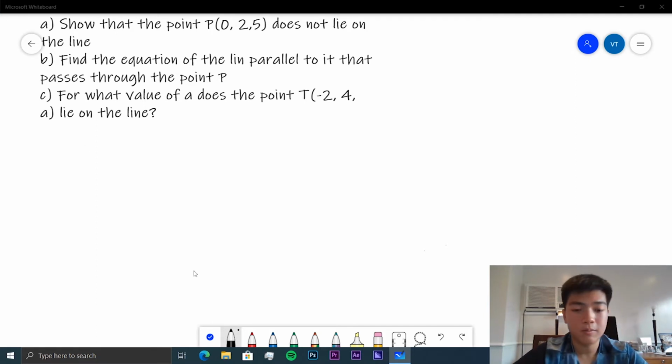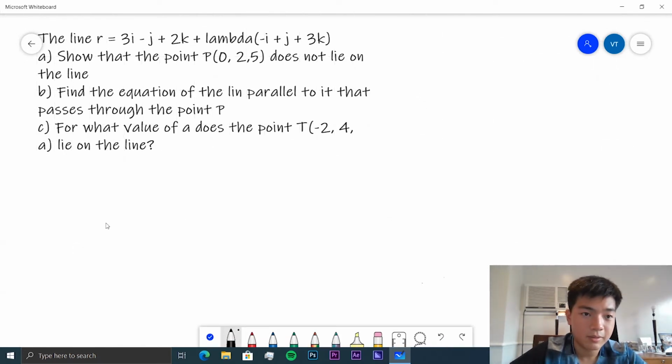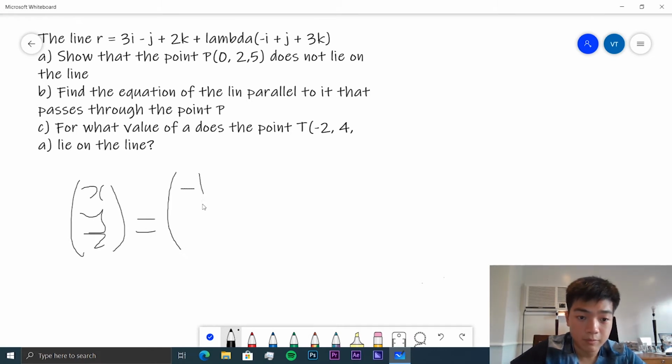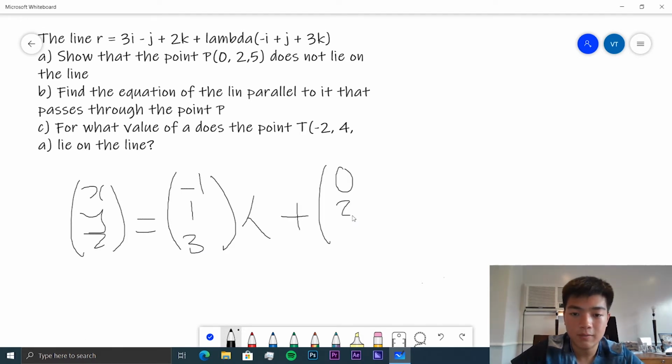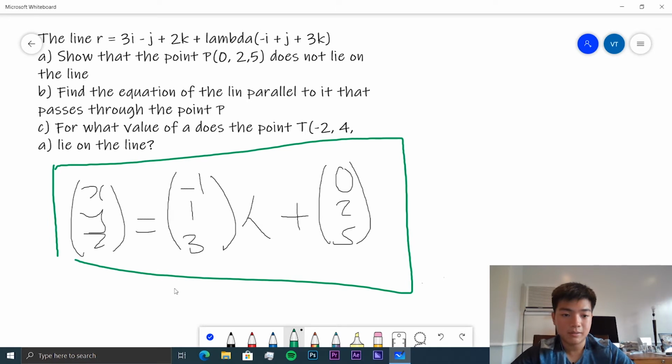In column vector form. Okay, so we have negative i, j, 3k, so we can say a parallel line (x, y, z) is equal to (-1, 1, 3) times lambda plus this point, (0, 2, 5), ensuring it passes through the point. So yeah, this is a parallel line that passes through the point.